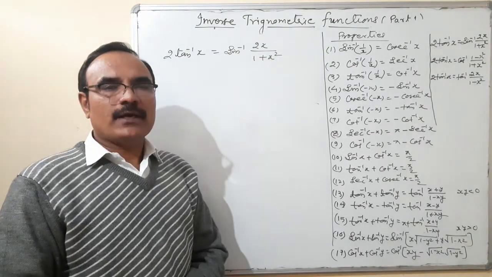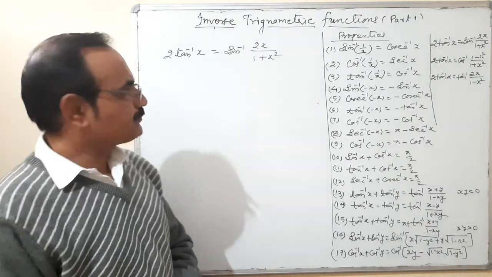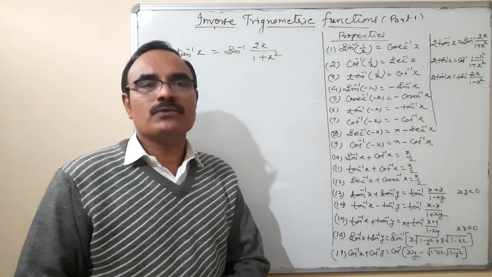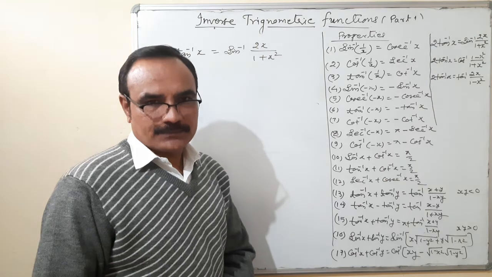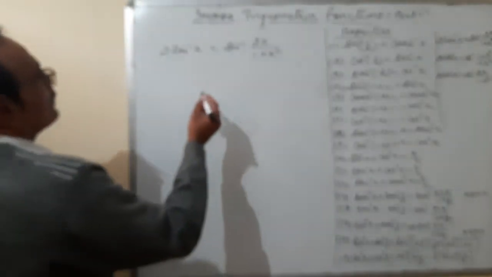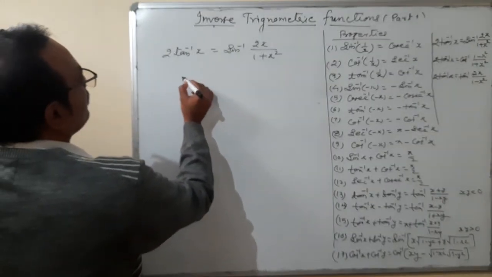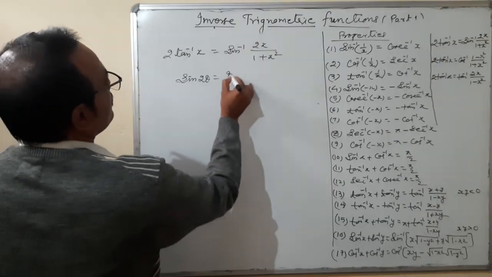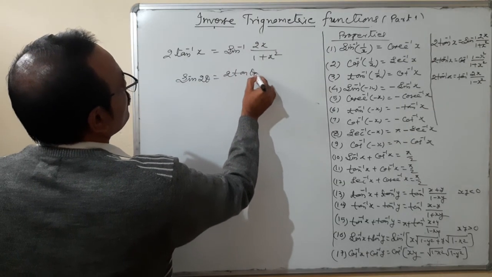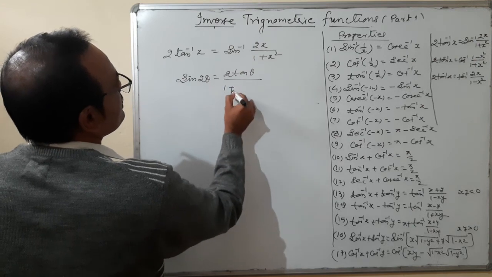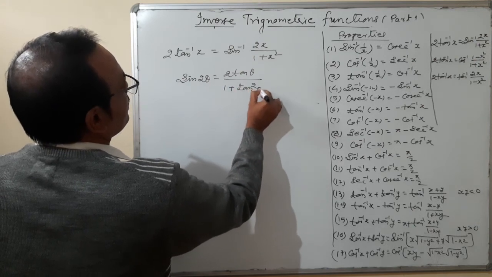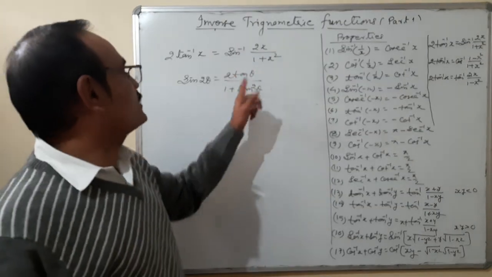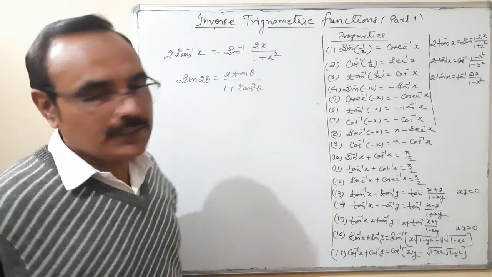You know one property of class 11th: 2 tan theta upon 1 plus tan square theta is equal to sin 2 theta. Do you know? Sin 2 theta is equal to 2 tan theta upon 1 plus tan square theta.